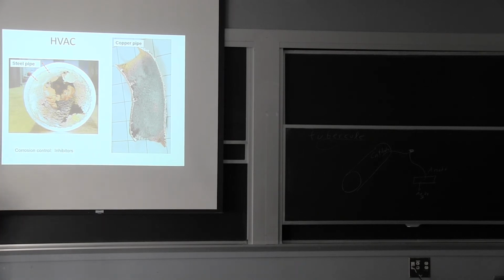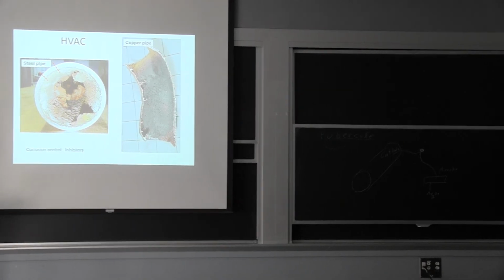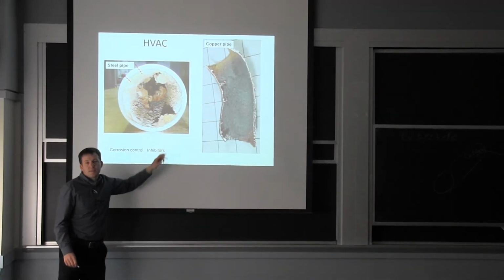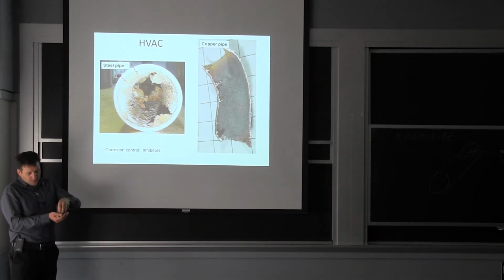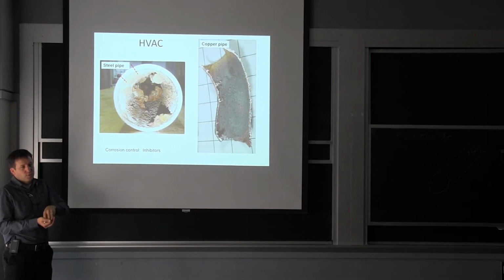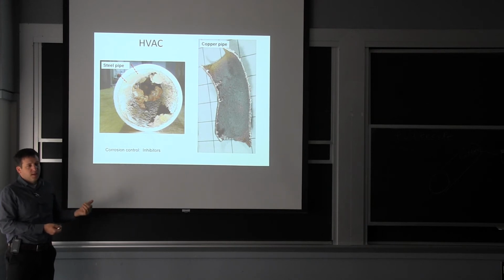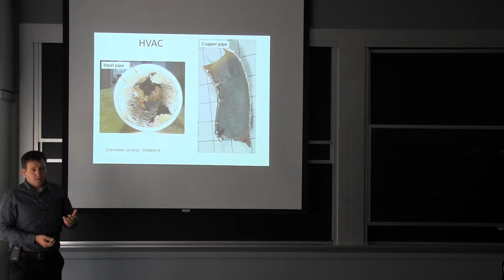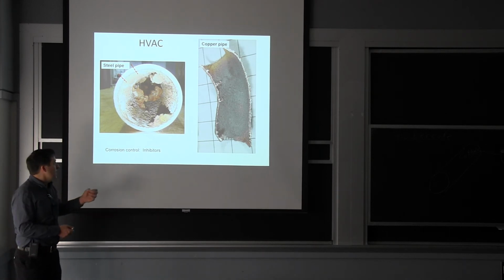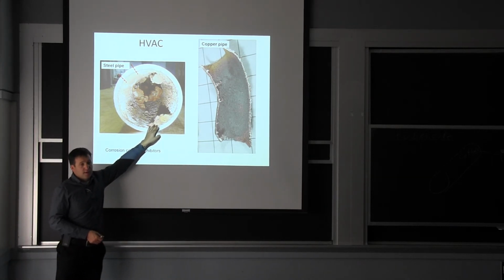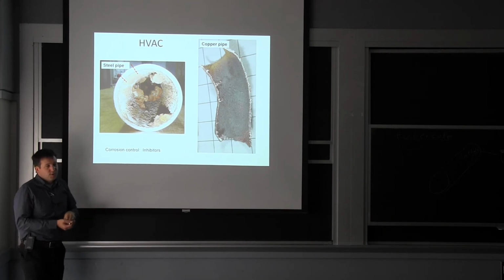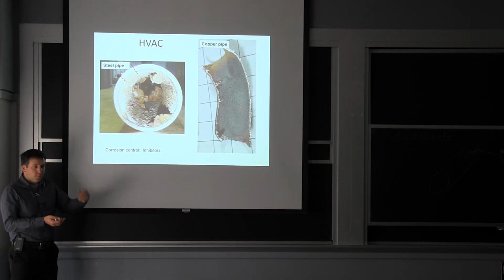So what happens here is, depending on your flow condition, you can start forming a little small piece of this. And if you do, you encapsulate a certain portion of the steel, and now you have that crevice corrosion taking place. You're setting up a very different environment on the inside than you have on the outside. And the story with inhibitors is that the only thing you can do is try to prevent this from starting. Because once it has started, there's not much of an effect from what you put in the water surrounding it.